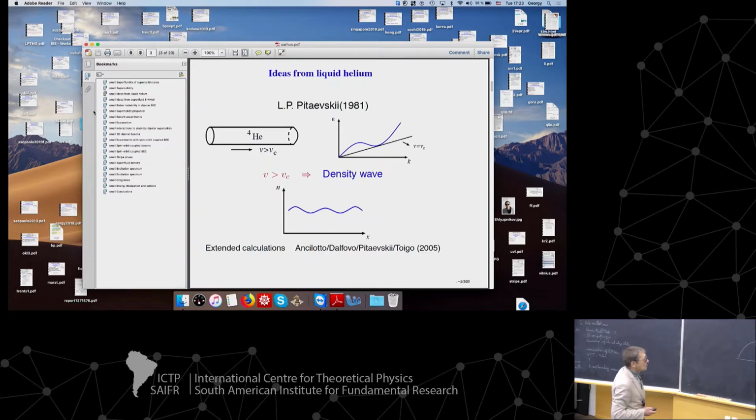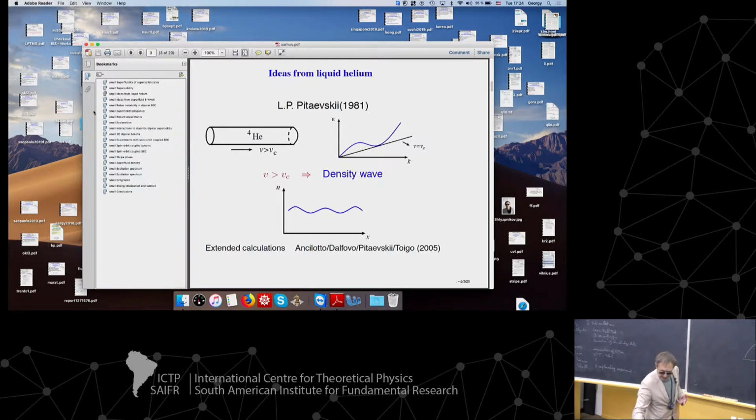So what he has done, he considered liquid helium-4 flowing in a capillary with a velocity which is larger than the critical velocity. And this is the spectrum. This is the roton minimum. When the velocity is 0, the roton minimum is above 0. But then, in the moving frame, when I add the velocity, the roton minimum touches 0.